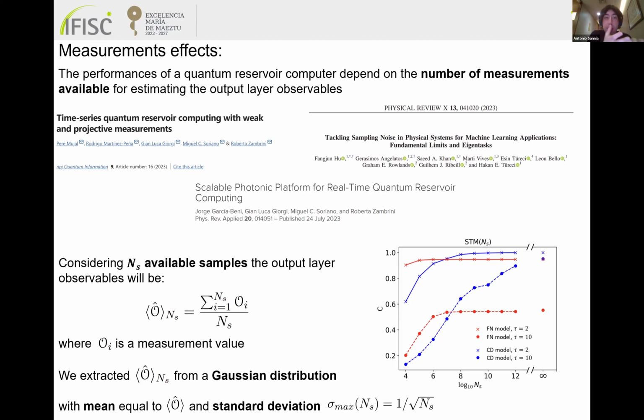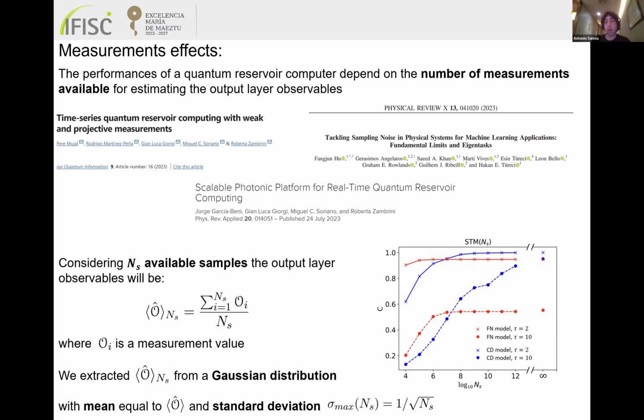But what is general is that the fewer measurements we have, the worse the performance will be. So we found the regimes in which the performance increases with our model in comparison to the discrete model, which allows us to conclude that we need enough measurements to have an advantage with these continuous measures.